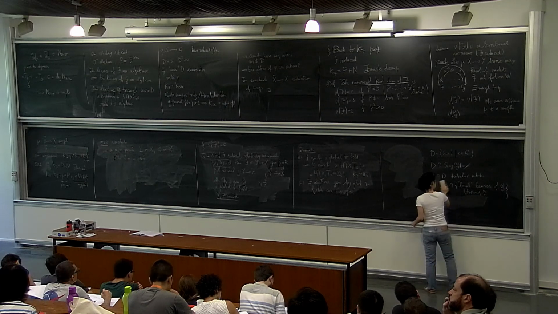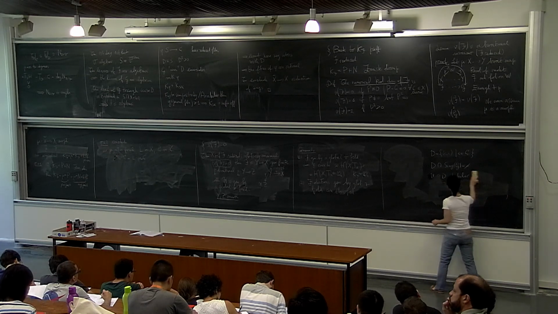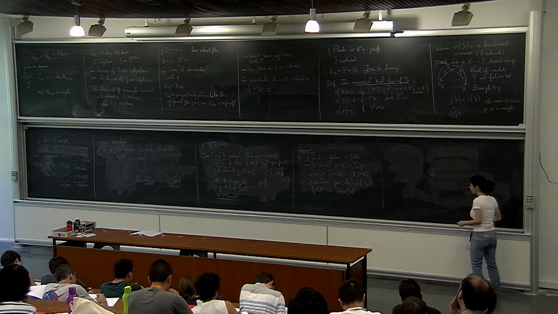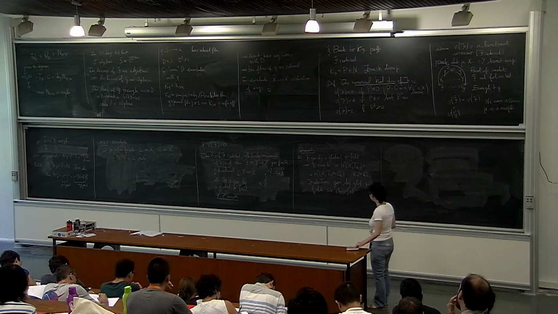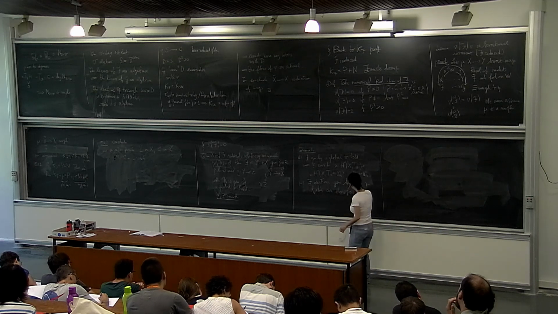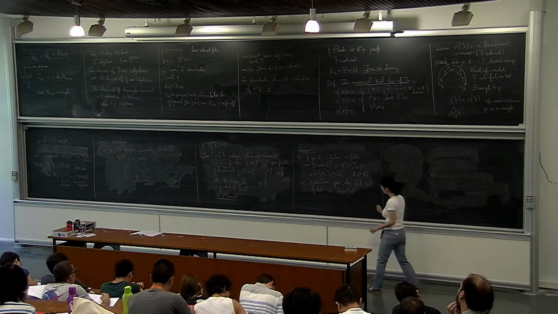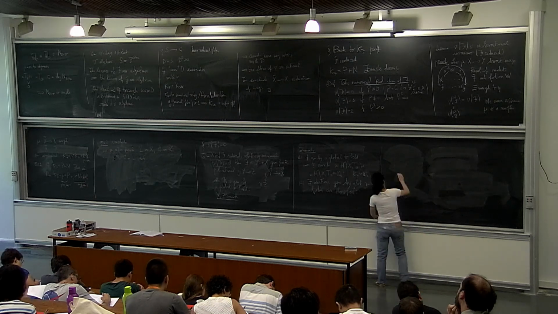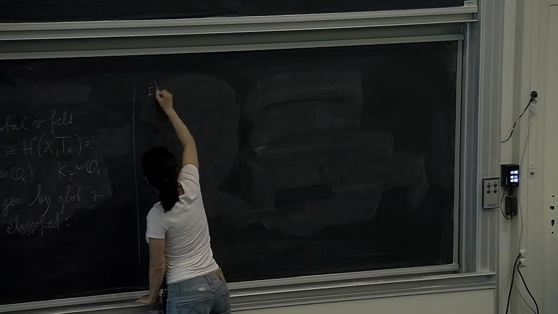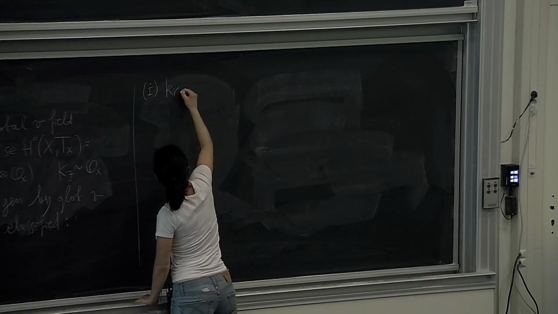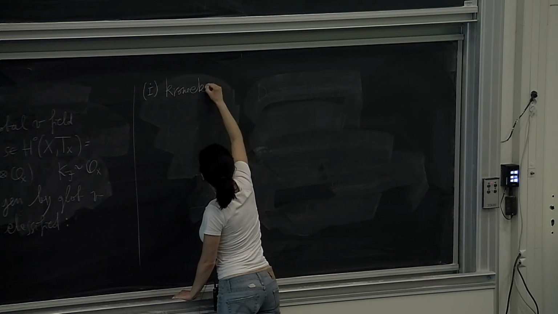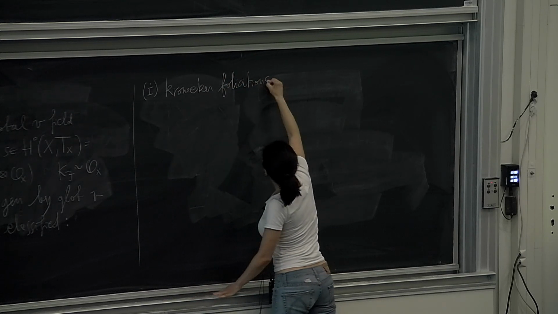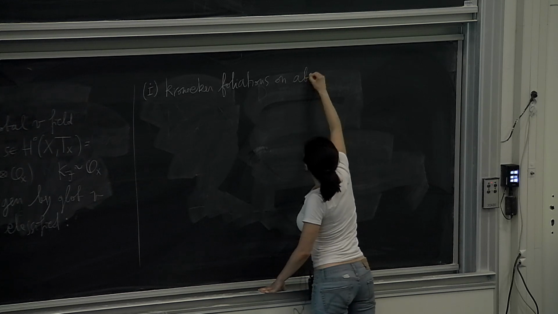OK, so I will tell you what the classification is, and this gives me the opportunity to make some other examples. So what are the classes of foliations generated by global vector fields? We have Kronecker foliations on abelian surfaces.